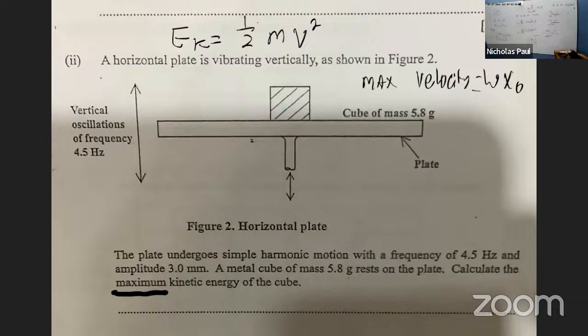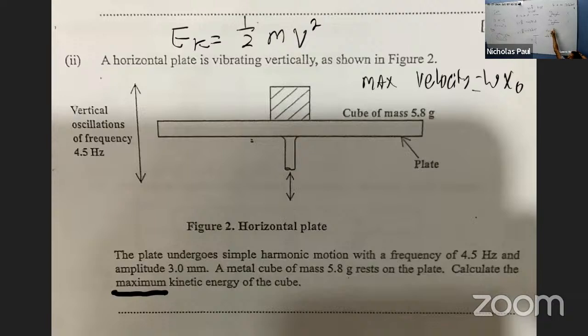So you want to get max velocity, right? From the graph, look at this graph. What's the largest velocity? What's the omega x naught? So omega is what? How do you find omega? 2 pi f.